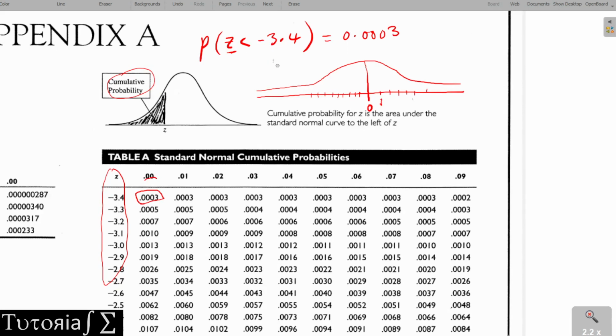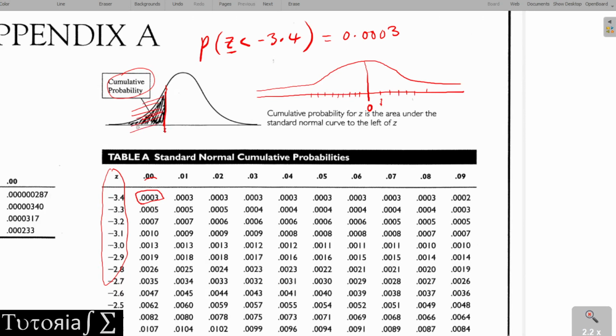And what you should know is that the probabilities that are here are just for z less than. Okay, so these probabilities are just for z less than. That's why when you check here on the graph, you have the z here, then they are showing to the left.